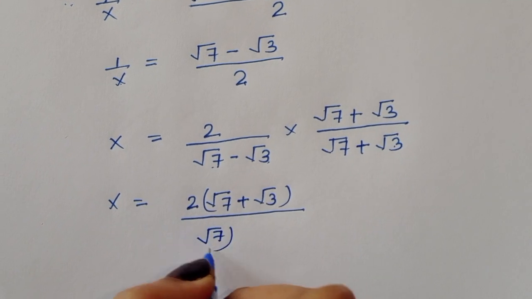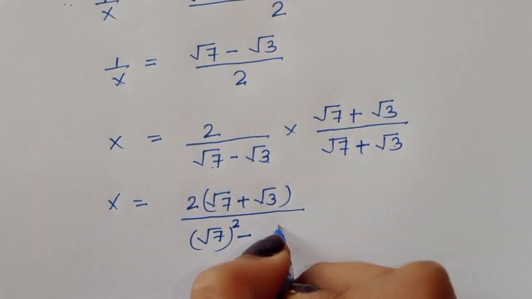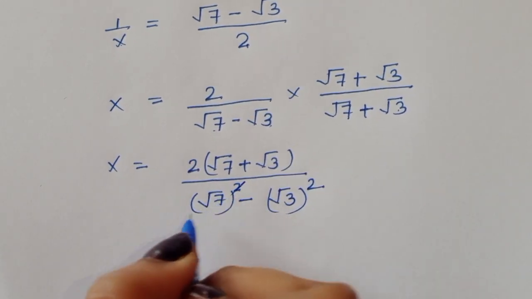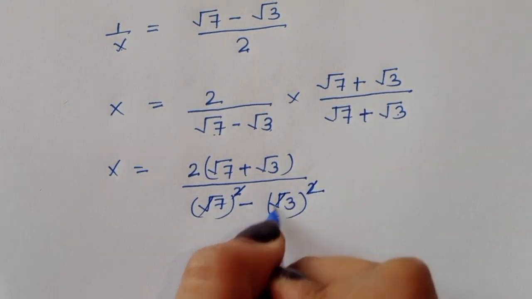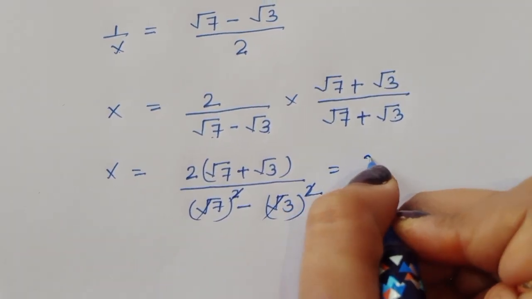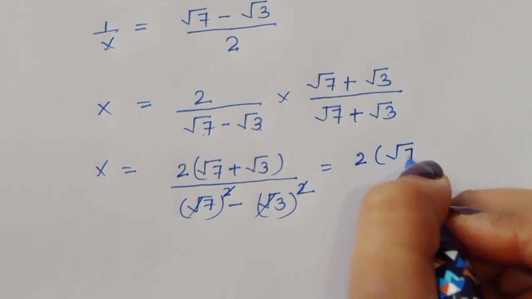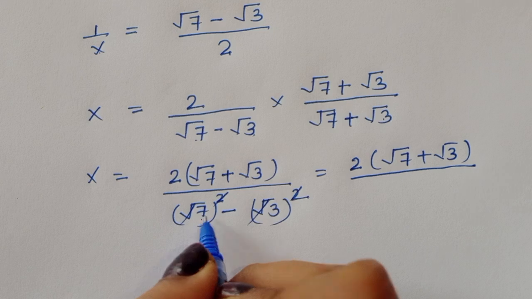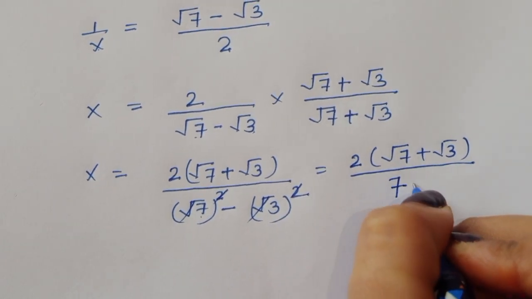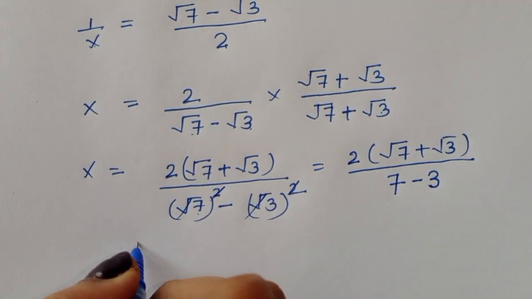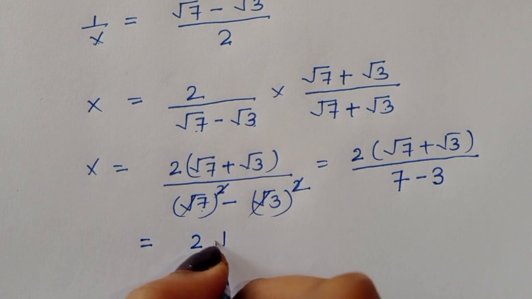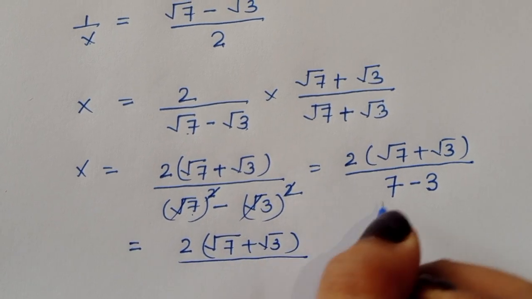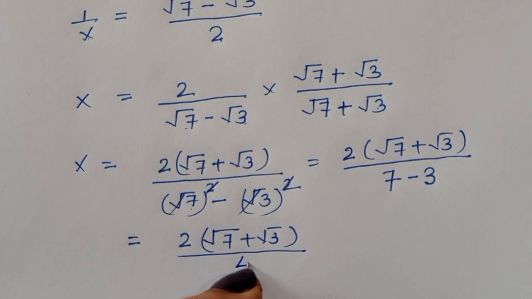So square root of 7 a square minus b square, right? So the square cancels with the square root. The left term is 2 times square root of 7 plus square root of 3 divided by 7 minus 3, that is 4.